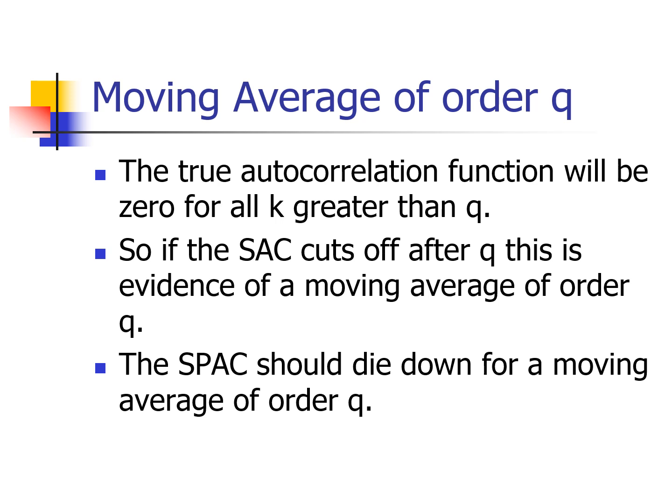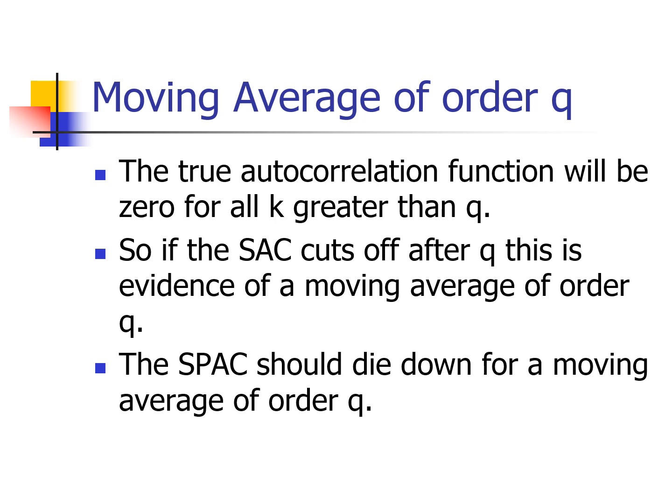You could also prove that the true partial autocorrelation actually just converges to 0, but never quite gets there, so, right, dies down. So a moving average model of order q will have a SAC that cuts off and a SPAC that dies down.